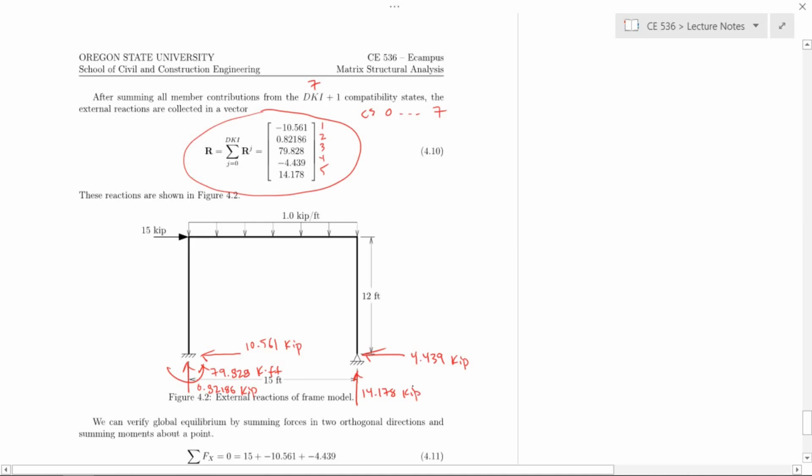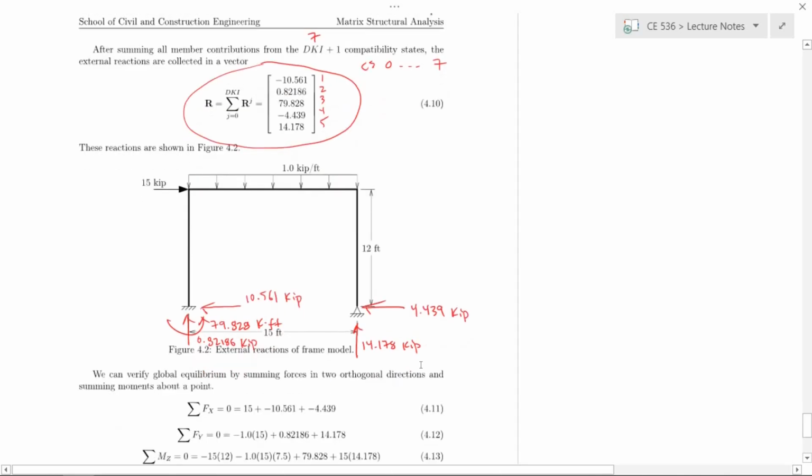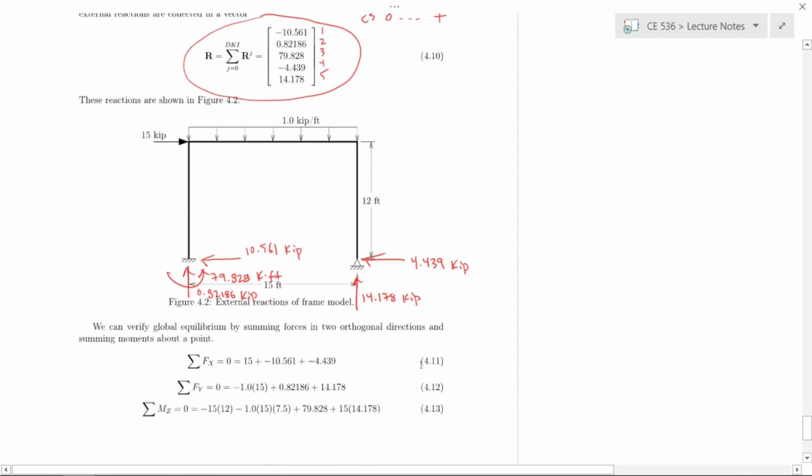Okay, so these reactions should satisfy equilibrium, right? And we can check that just like we do in statics. We can verify the global equilibrium. So we can sum forces in the x direction, right? That would be this x, this would be y, and then of course z is the rotation out of the plane. But in the x direction we have 15 Kips, and then that's opposed by these 2 reactions, right?